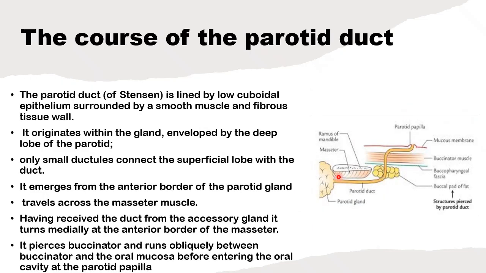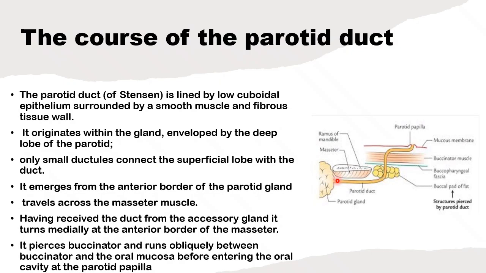The saliva draining system of the parotid gland starts in the deep lobe of the parotid and receives ductules from the superficial lobe and later from the accessory lobe of the parotid. These are the duct system within the parotid itself.